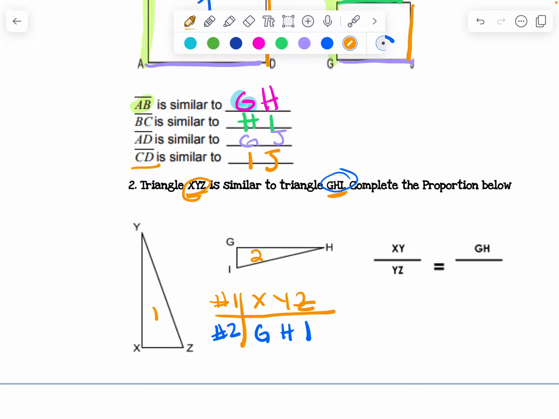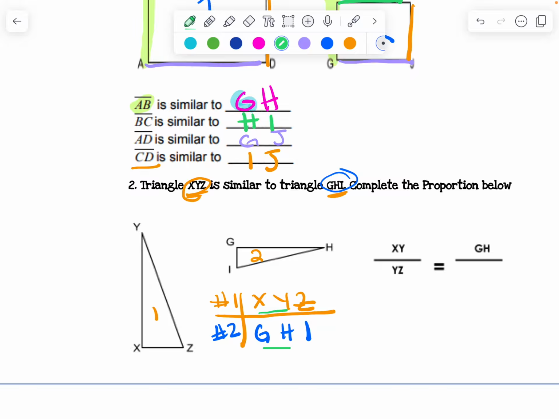All right, so then they gave us a proportion already, and we want to see if it's proportional. So we can use either this method that I'm showing you, or you can redraw your triangle. For what we're doing in this class, we're going to do the table. I think that'll be the best way. Okay, so here's XY. XY corresponds with GH.